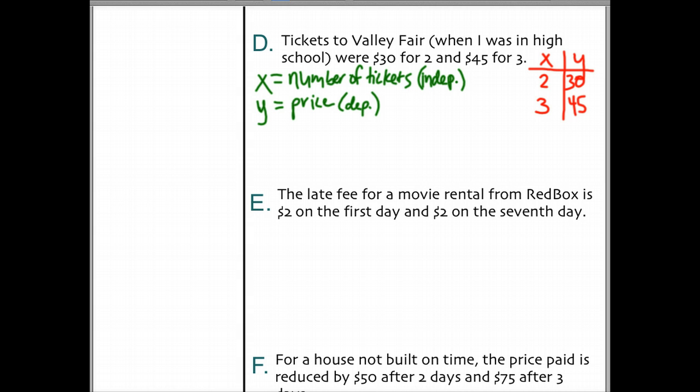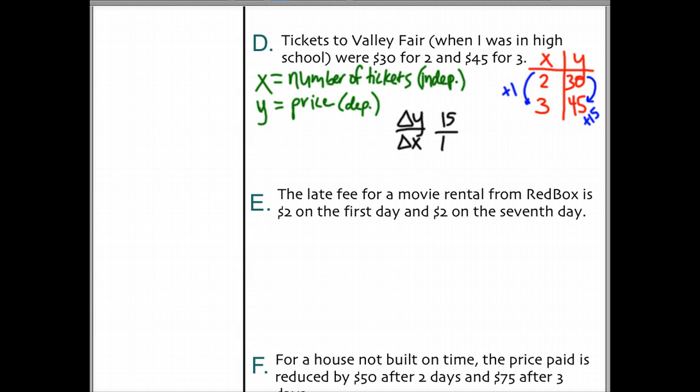Now I want to figure out what the jump was between the y's and the x's. For the y's, we added 15, and for the x's, we added 1. Now we can write it as the rate of the change in y over the change in x. So we have 15 over 1.